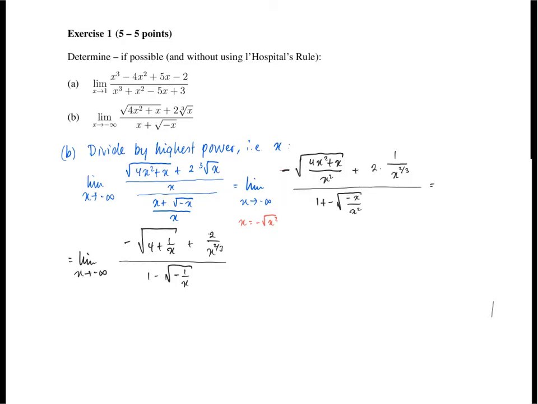Now we apply the rules for power functions. 1 over x goes to 0, 2 over x to the power 2/3 goes to 0, and minus 1 over x goes to 0. So we get as a limit minus the square root of 4 plus 0 divided by 1 minus 0, which is minus 2.